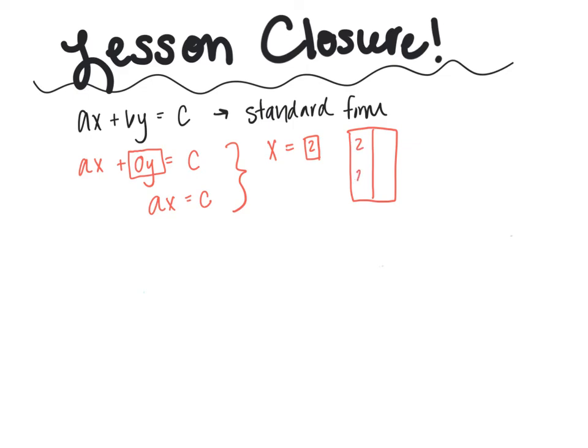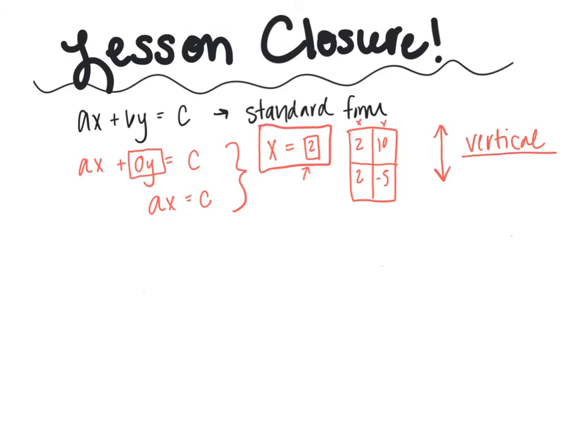Then our x will always be 2 no matter what we put for our y value, and our x is always going to be that number that they give us. Okay? These graphs will always be vertical lines. So whenever it says something like x equals blank, our line will be vertical.